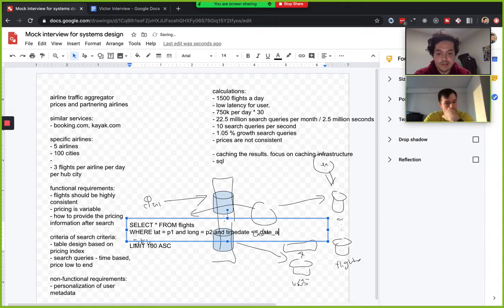Date A, date B. Again, this is just very rough SQL. I know it might not be optimal. And these date times also include times as well.